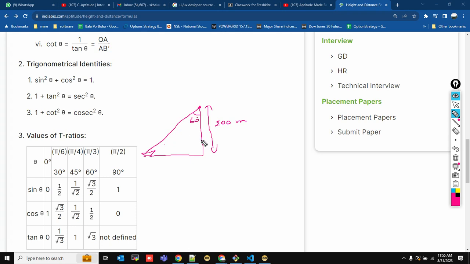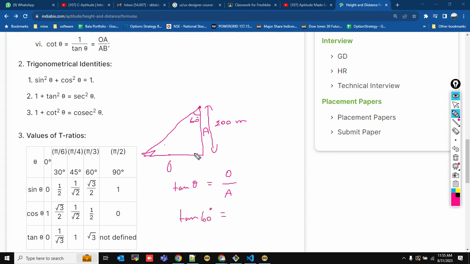Now you need to know the distance, so this part you need to know. This is theta, and this is nothing but the opposite side. So this will be the adjacent side. Which trigonometric ratio involves opposite and adjacent? Tan theta. Tan theta will be opposite side by adjacent. Theta is 60 degrees.